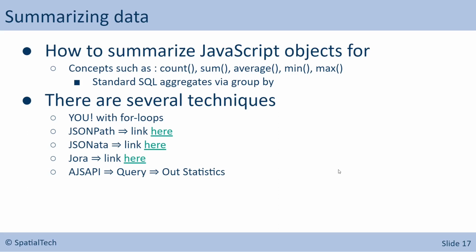However, the SDK, the JavaScript API for ArcGIS, has built into the query parameter this outStatistics concept. And there's a link here. Why is it there? The reason it's there is because it's something that the hosted feature service can do. So this is built into a hosted feature service.